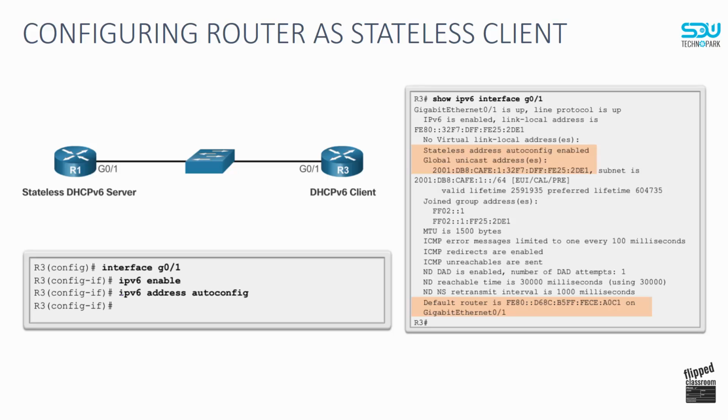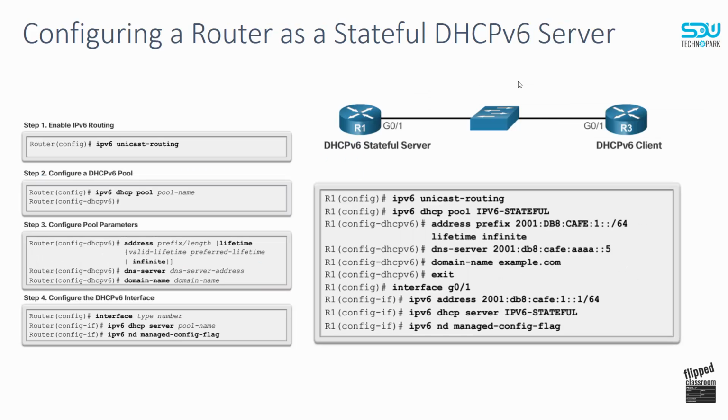So how can you configure the router as a stateless client? You can type the command IP version 6 enable on the client's interface, and also you can type IP version 6 address autoconfig. And then configuring a router as the stateful DHCP server. How can we make this configuration? We also configure the pool, and then we write the address prefix, and this command says that we will distribute these addresses and the DNS server's IP address, and we also define the domain name.